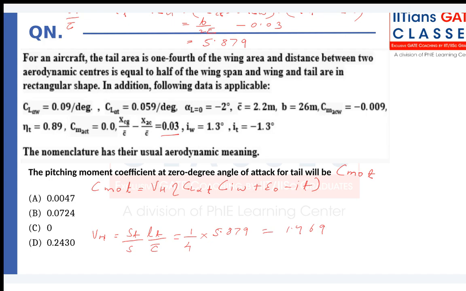Dharmesh, have you gotten the same value? Something similar? You can also take LT to be B by 2 just like the previous case, but I thought since the data is already given to us, we can use it.